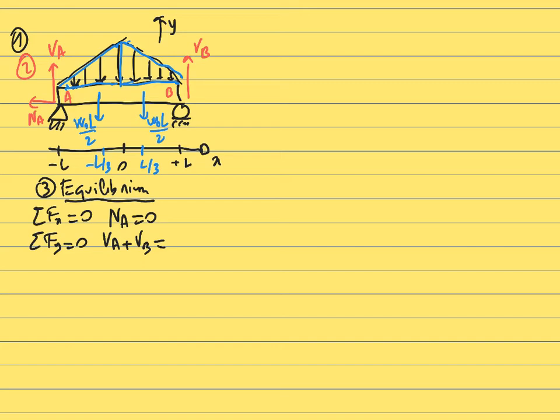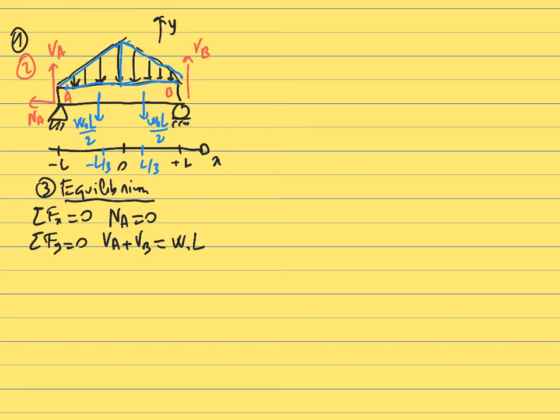So VA plus VB is equal to W0L. We have three unknowns but only two equations, so we cannot directly solve for VA and VB, but it's nevertheless a statically determinate problem.